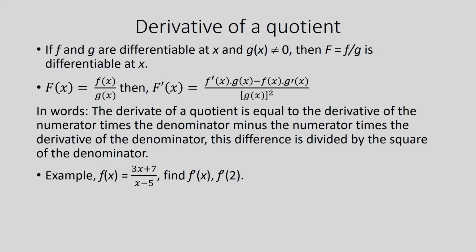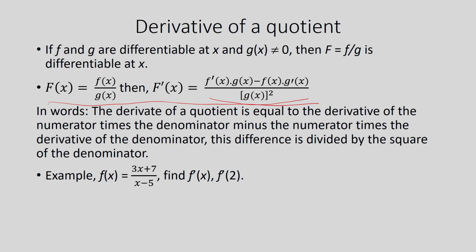Now, if it is differentiable, then what is the derivative? So, that is given in the next line. So, we have capital F(x) is equal to small f(x) divided by g(x), and capital F dashed of x is given by this expression, f dashed of x multiplied by g(x) minus f(x) multiplied by g dashed of x, divided by g(x) whole square.